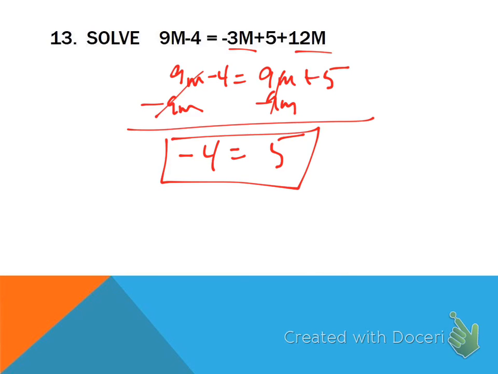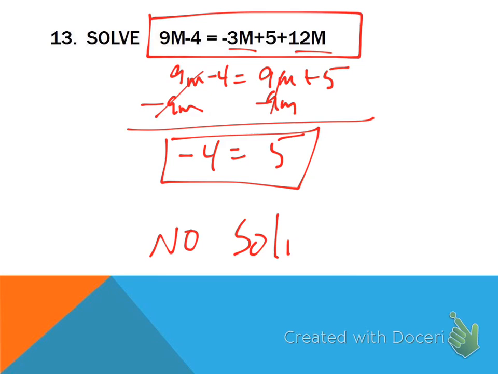Notice that there's no m here. Negative 4 will never equal 5, which means that there is no way that I could ever plug anything in for m that would make that sentence true. Okay? So since that's the case, there's nothing I can plug in for m to make that true. That means that there's no solution to this.